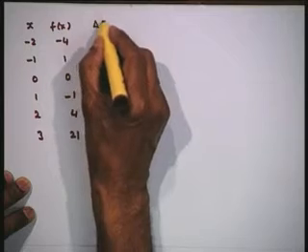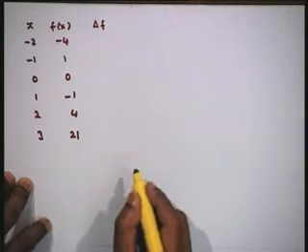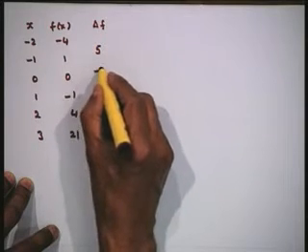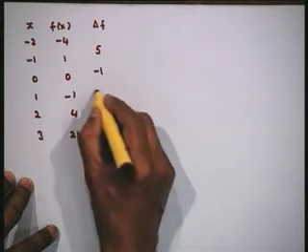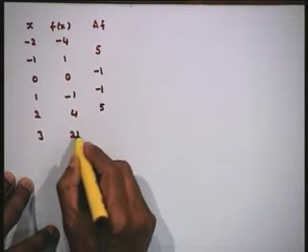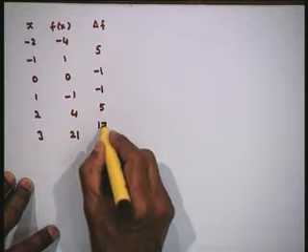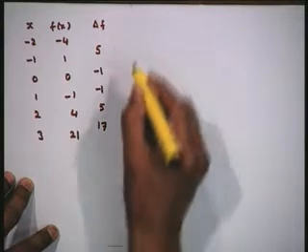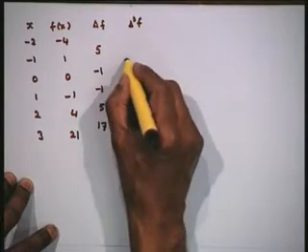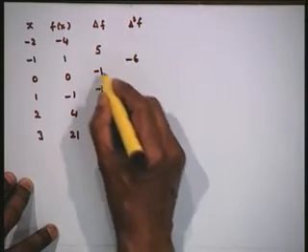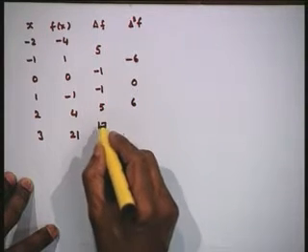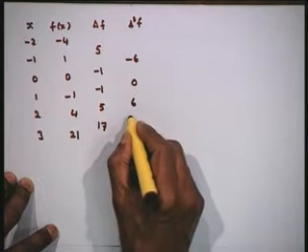So, let us write down delta f, the first forward difference, that is 1 plus 4, that is 5, 0 minus 1, that is minus 1, minus 1 minus 0, 4 plus 1, that is 5, 21 minus 4, that is 17. Let us go to second forward difference. Minus 1 minus 5, that is minus 6, minus 1 plus 1, that is 0, 5 plus 1, that is 6, 17 minus 5, that is equal to 12.